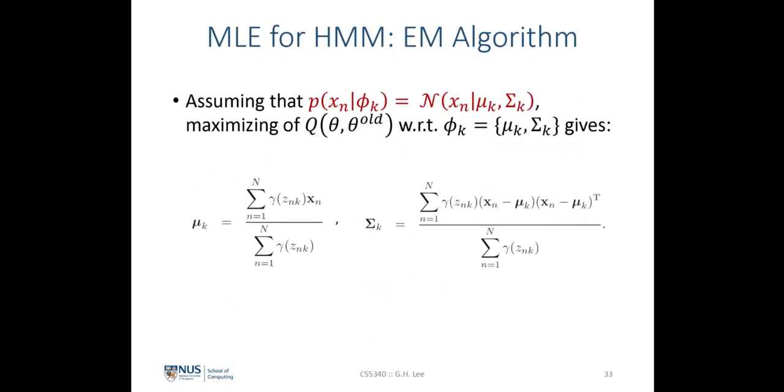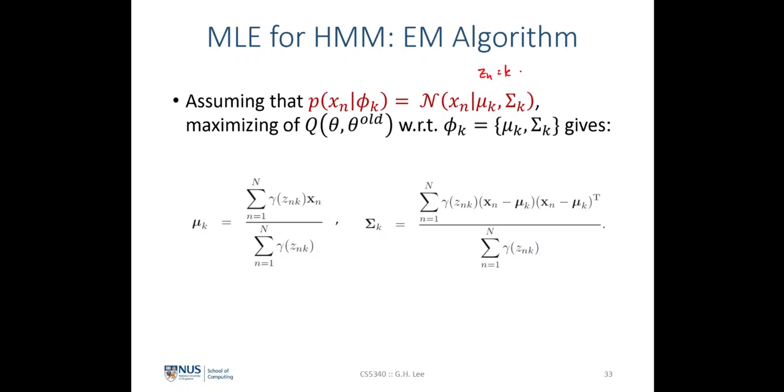Now, assuming that the emission probability distribution is given by a Gaussian distribution, where our random variable x over here is a continuous random variable, we can write this emission probability as equal to a normal distribution which is parameterized by mu k and sigma k, assuming that Zn is taking a state of k.